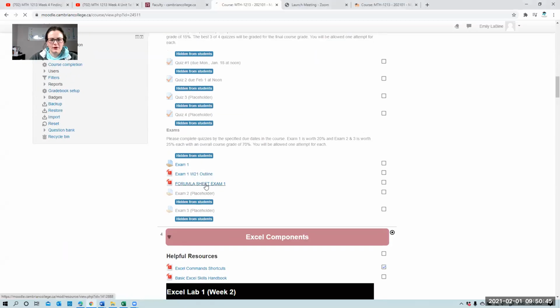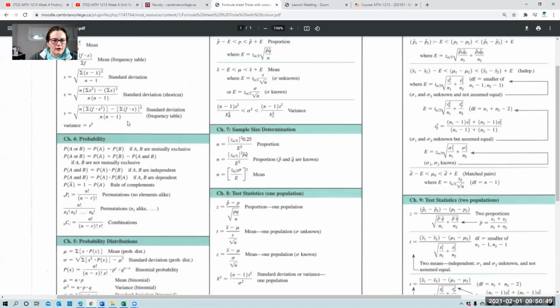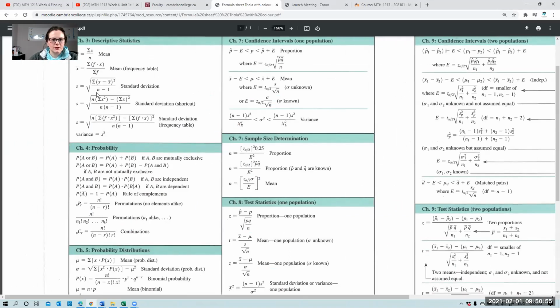Let me share that screen with you. So it's this formula sheet, and the formula we just used is going to be on the formula sheet.